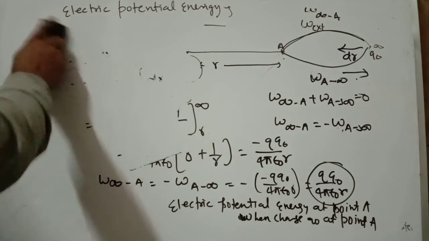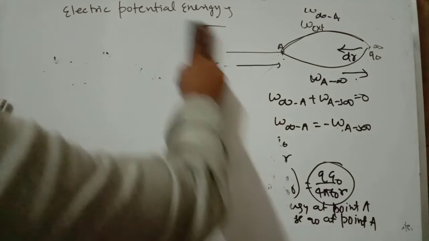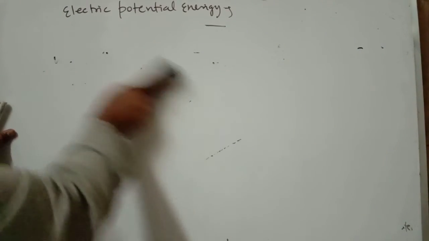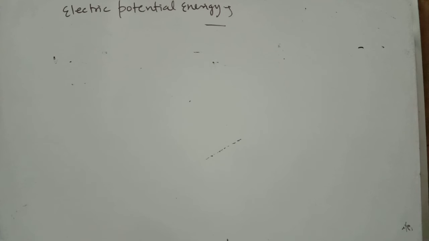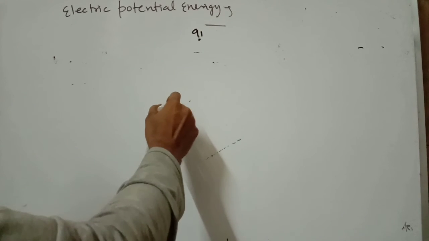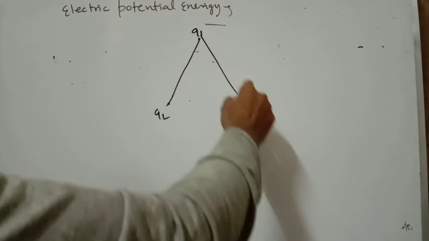So now we are going to find the electric potential of a system of charges. Let us consider three charges, q1, q2, and q3.